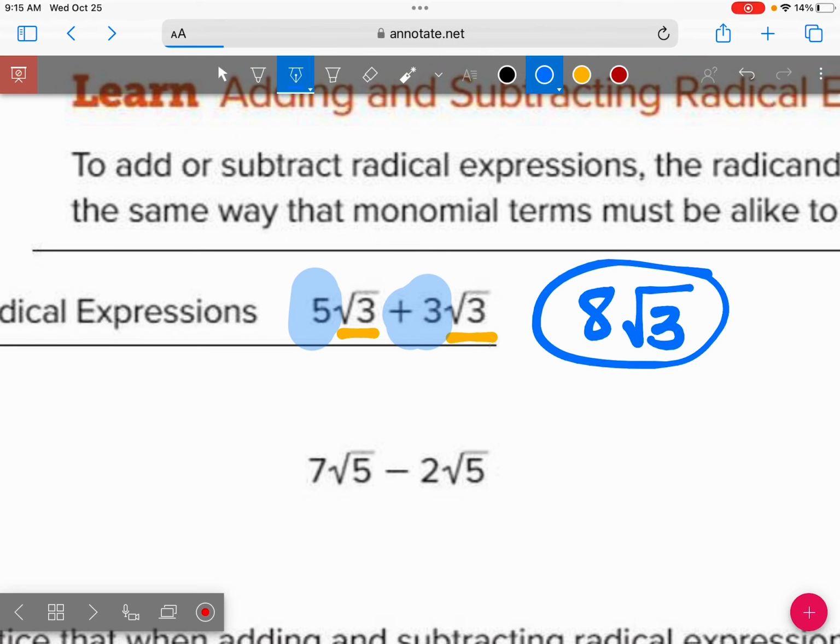Same thing with subtraction. As long as it's the same, so we have a 5 and a 5, it's the same, we can subtract the number in front, which will be a 7 minus 2. 7 minus 2 is 5, so you have 5 root 5.